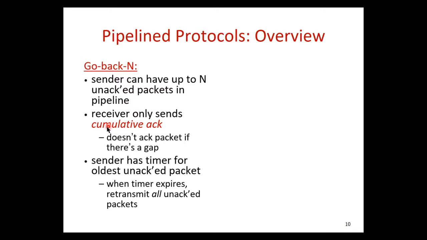With go back N, the receiver will only send cumulative ACK, which means it's not going to acknowledge a packet if there is a gap. So in the previous example, the receiver will not send an ACK of packet 3 because packet 2 is missing, right? So even though it receives packet 3, it's not going to send ACK of 3.